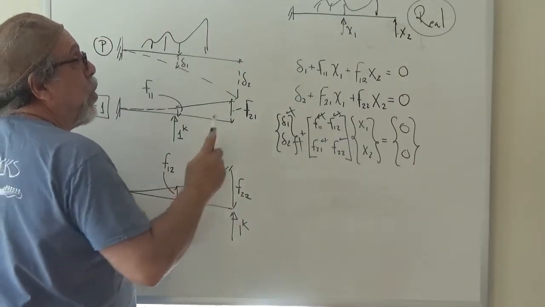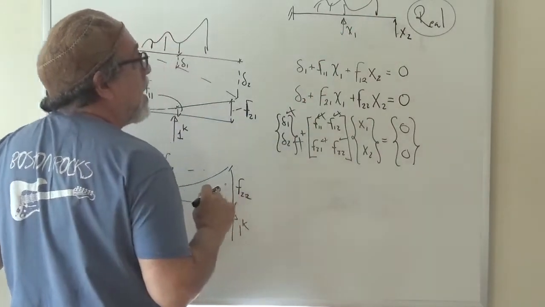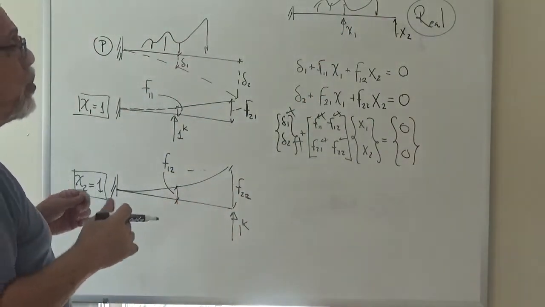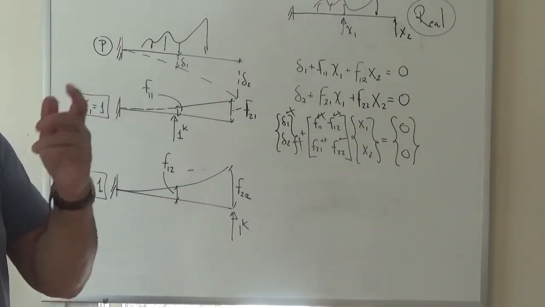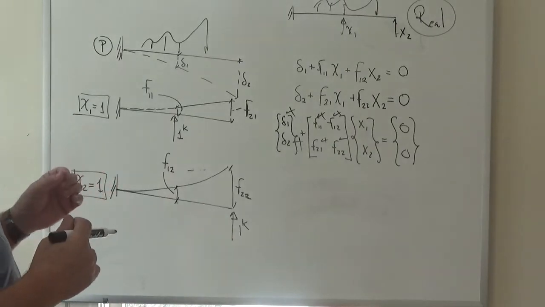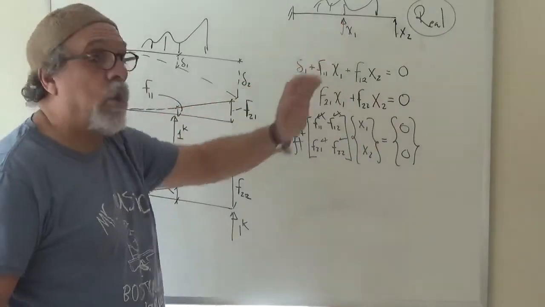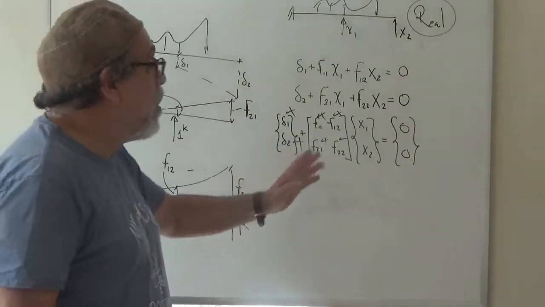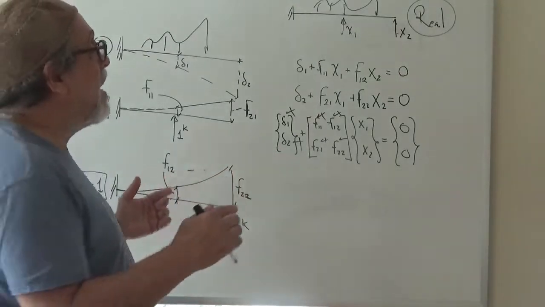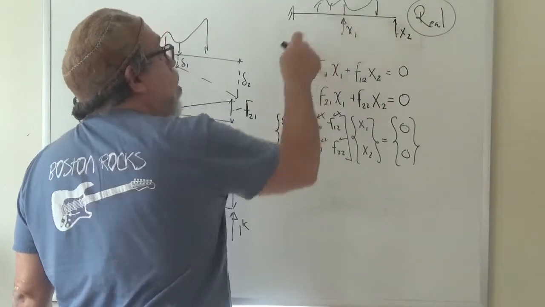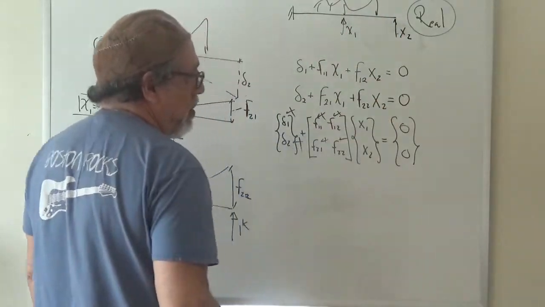But in addition to that, point 1 and point 2 were known to have movements, settlements, thrusts, whatever. So the final values need to be known at the position of the coordinates, right? 0 is just one special case of what it means to know it. If instead of 0 this was known to be 1 inch and this was known to be ½ inch, that's just as good as 0, right?